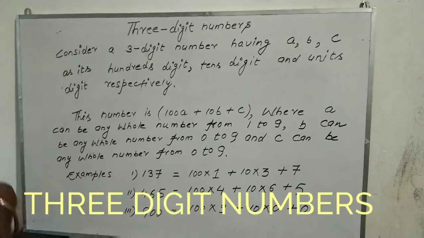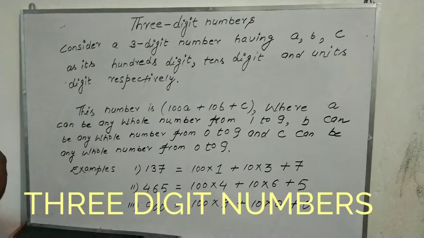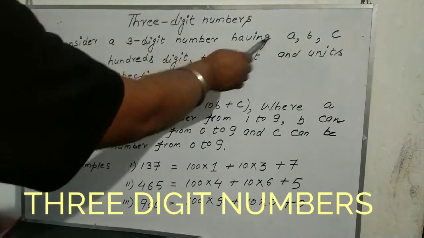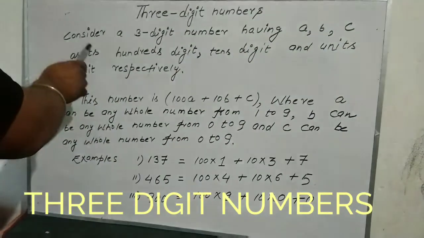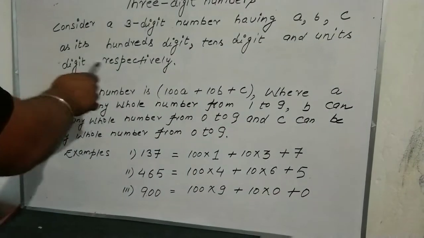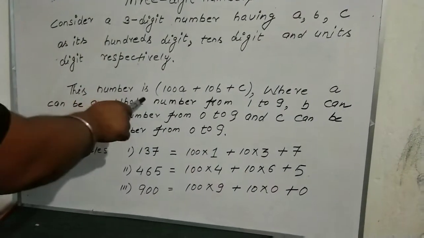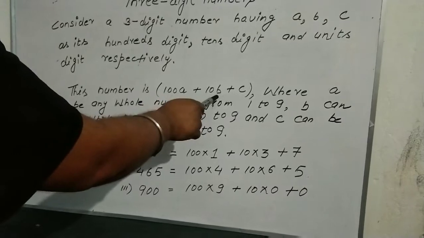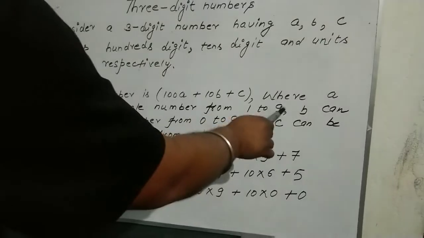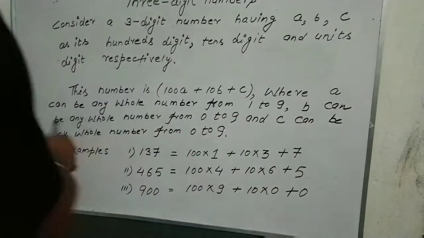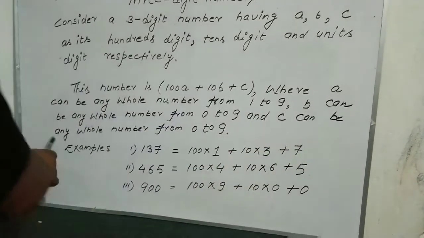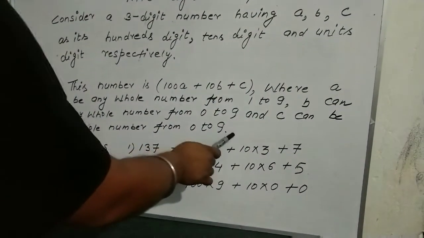Now next is three-digit numbers. To understand a three-digit number, consider a three-digit number having A, B, C as its hundreds digit, tens digit, and units digit respectively. This number is 100A plus 10B plus C, where A can be any whole number from 1 to 9, B can be any whole number from 0 to 9, and C can be any whole number from 0 to 9.